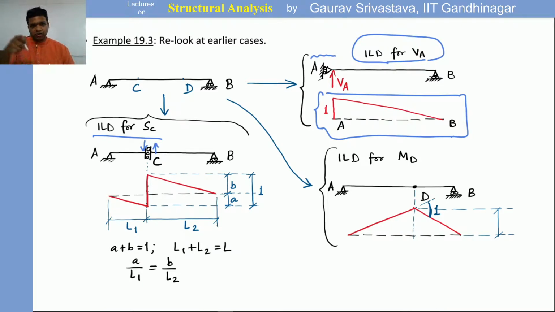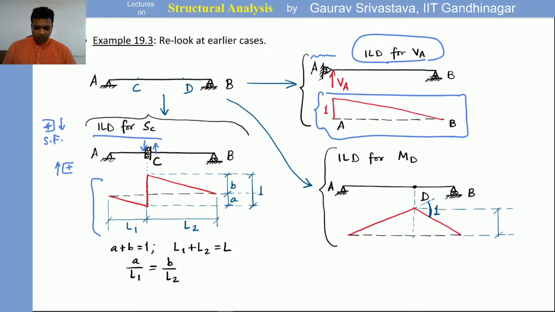To the left span, we apply a downward displacement because this is the positive sign convention for shear force, and for the right one, we apply upward because that is the positive sign convention for the shear force. That gives us this particular shape for the influence line of shear force at C.